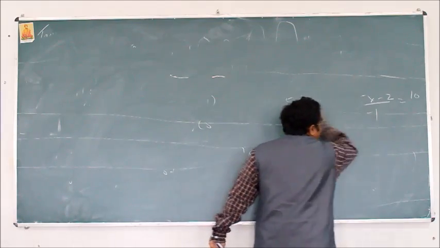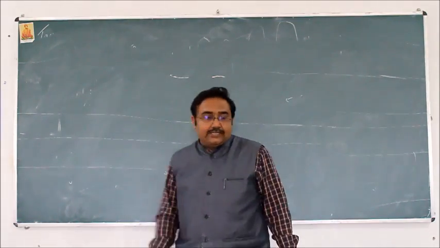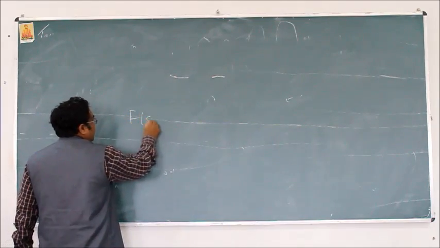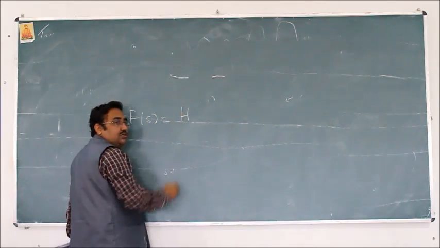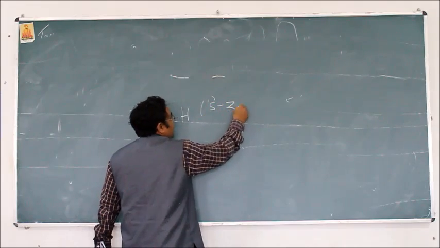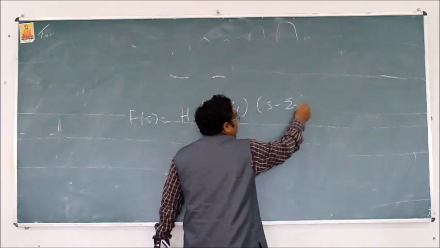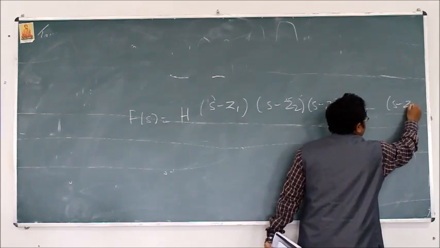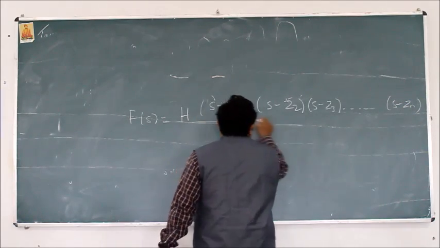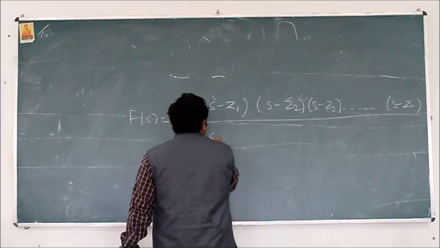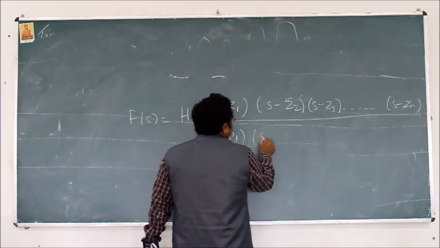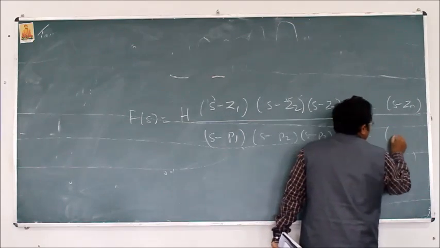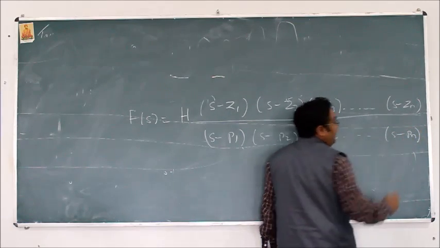Now, at the very beginning of this class, I gave you the expression of F(s). What was that? (S minus Z1)(S minus Z2)(S minus Z3) up to (S minus Zm) upon (S minus P1)(S minus P2)(S minus P3) up to (S minus Pn).